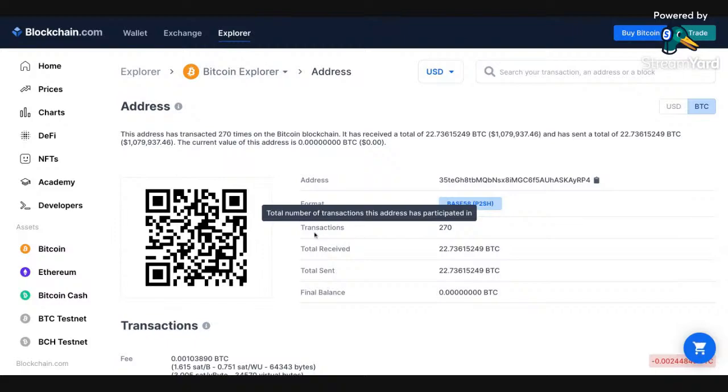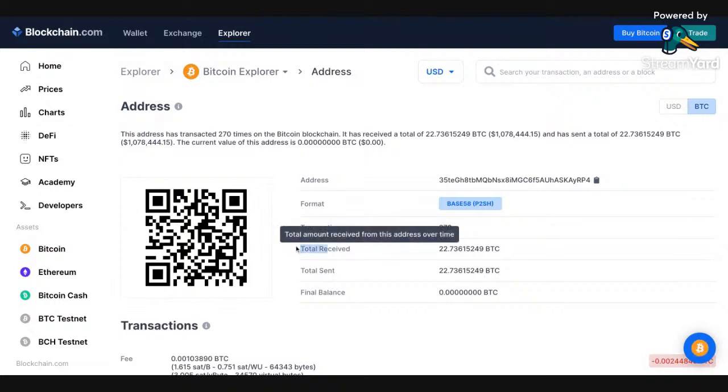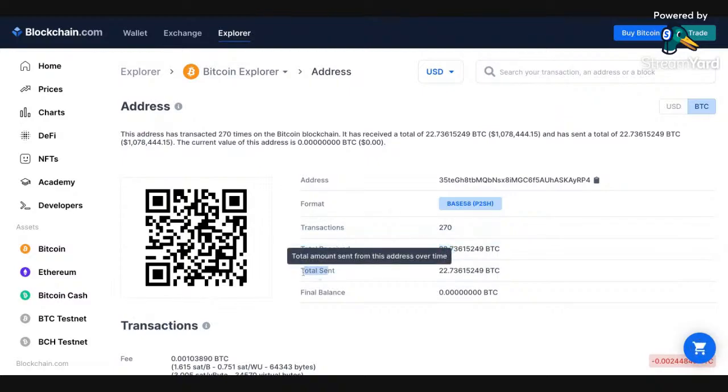Now, the number of transactions, make sure you watch what I'm talking about. The number of transactions that this address has ever received is 270 transactions, both the inflow, outflow, and everything. The total number of bitcoins that have been received on this address is 22 bitcoins. The total amount of bitcoins that are sent out is also 22.